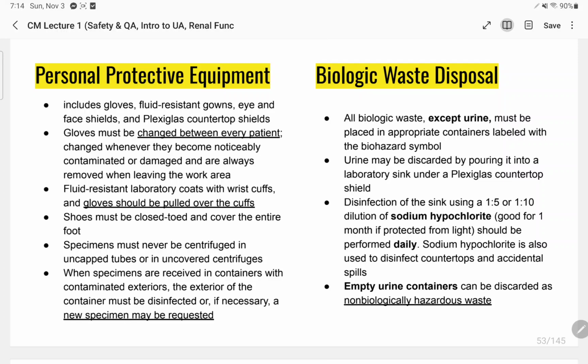Okay, especially even if they are in the ward. So still according to standard precaution, gloves must be changed between every patient. And also gloves must be changed when you notice they are contaminated or have a hole.